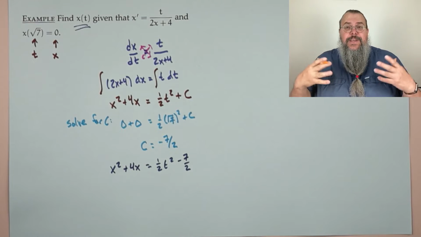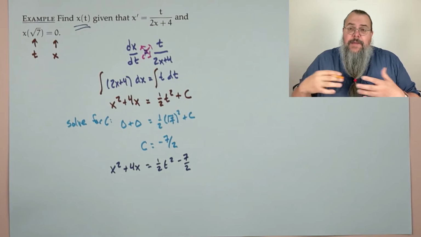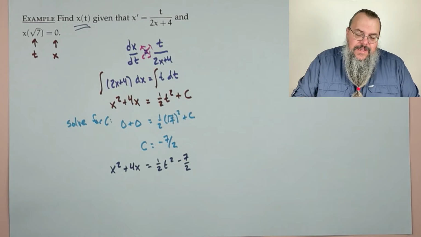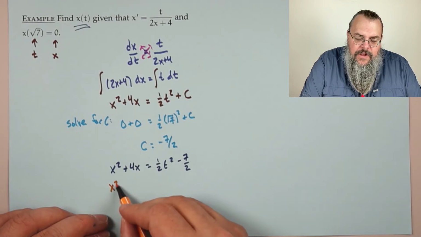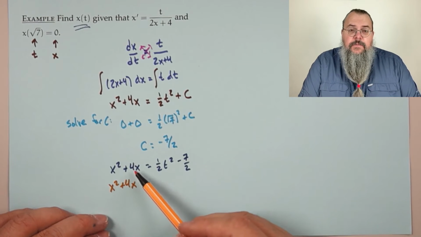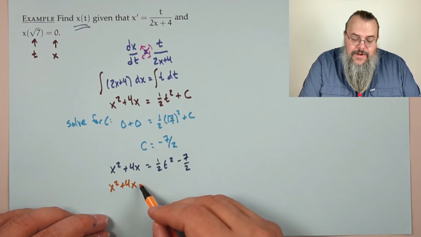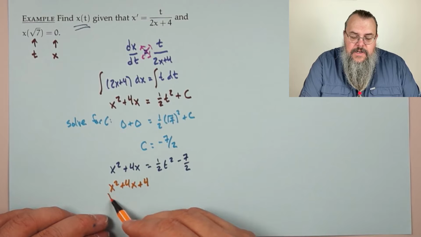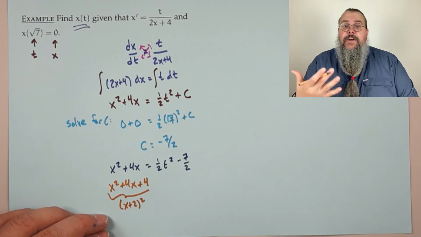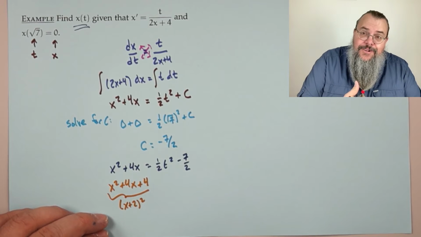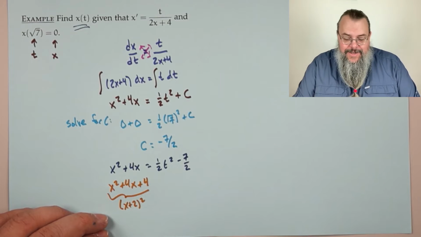or we can say, hey, let's complete the square. It's about the same. I'm more of a complete the square person because with x squared plus 4x, I can make that look like a square if I do the following. I take the 4, divide by 2, is 2, square it is 4. So if I add 4, that makes the left-hand side x plus 2 squared. Now, if I add 4 to the left-hand side, I have to balance it by adding 4 to the right-hand side.